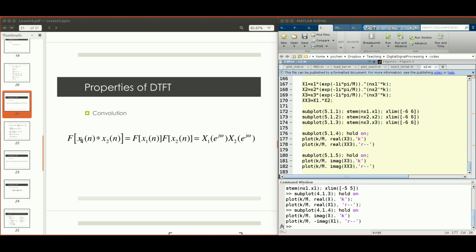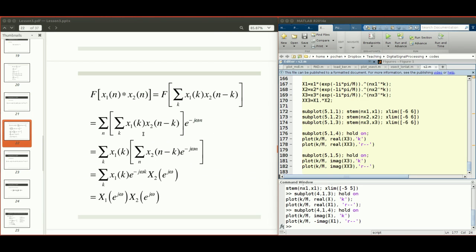If the input is the convolution of two signals, then the output of the Fourier transform is the product of the two Fourier transforms. That's probably the most important property of the Fourier transform, and you probably just have to remember it.